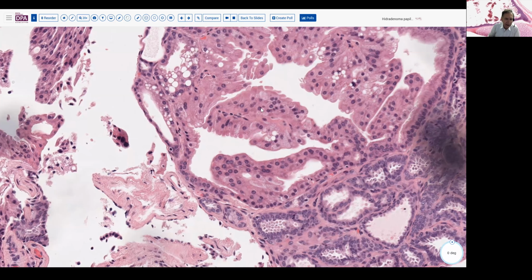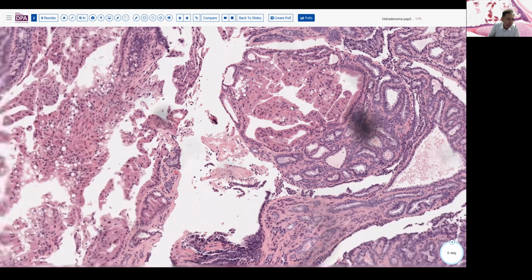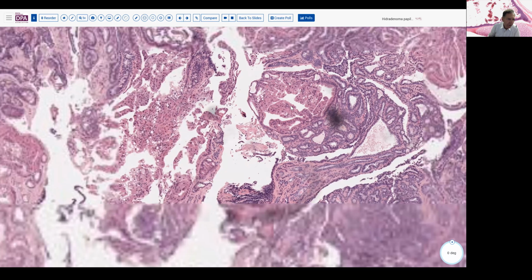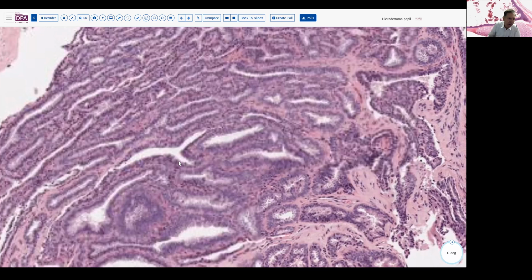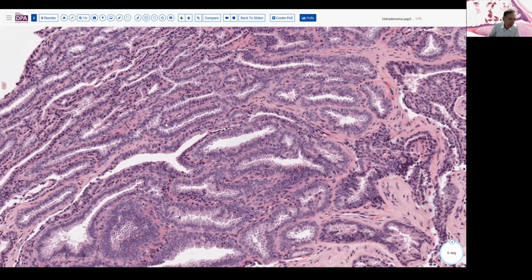These look very much like apocrine cells. And here we can see some of the cytoplasmic vacuolization that might also go along with that. This lesion with the pure population like this, we would just call this a hydradenoma papilliferum.